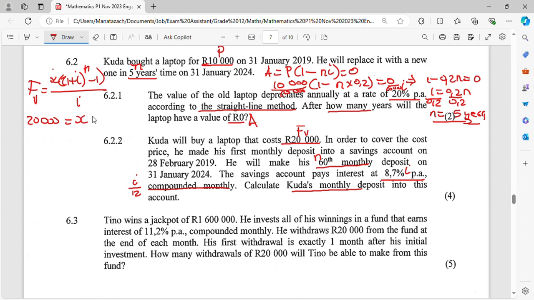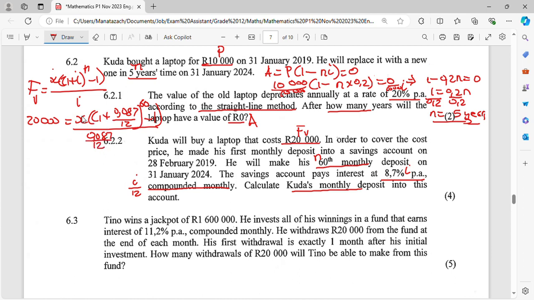Then open the bracket 1 plus I, which is 8.7%, we can convert it to 0.087, divide by 12, since it's compounded monthly. There are 60 payments, so N is 60, so everything minus 1. Then divide by the interest rate of 0.087, divide by 12.